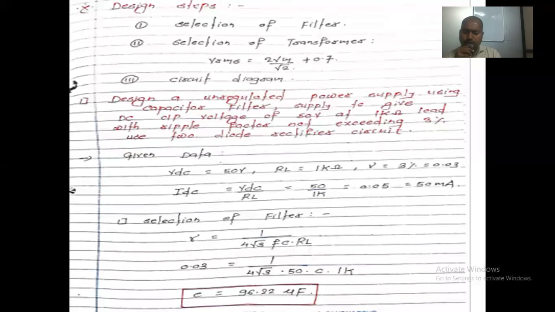Now calculate the value of C. C is on this side. This 2.88 into 10 raised to minus 6 is divided by 0.03, that is, 0.03 divided by 2.88 into 10 raised to minus 6. Tell me the answer.